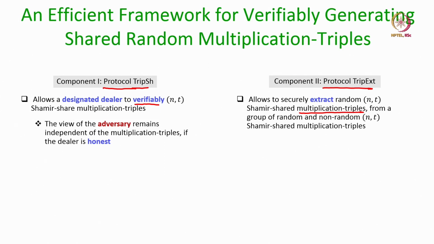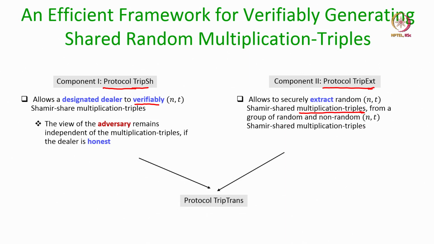The exact identity of the multiplication triplets, which are unknown to the adversary, will not be known. Without knowing which multiplication triplets are unknown for the adversary, this triple extraction procedure helps us to get a bunch of secret shared multiplication triplets, all of which are guaranteed to be random from the viewpoint of the adversary.